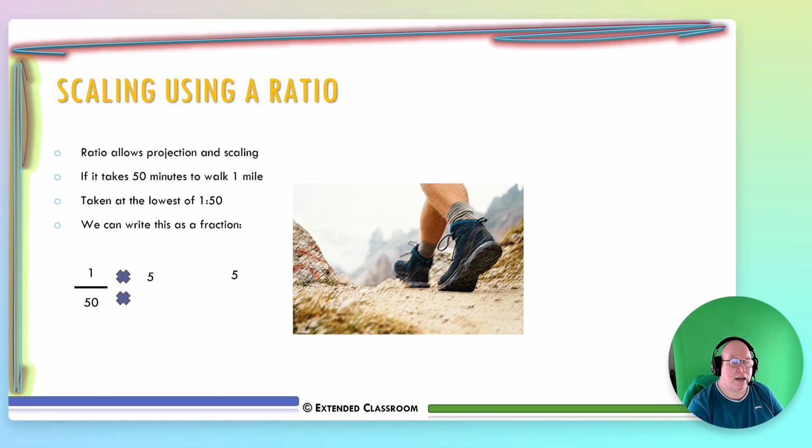Do it for the other side. We multiply that by 5, gives us 250. So 5 times the amount of mileage gives us 5 times the amount of time. It's proportionate to each other, based upon that ratio of 1 to 50. So if you take it down to a single unit of 1 being the unit there.